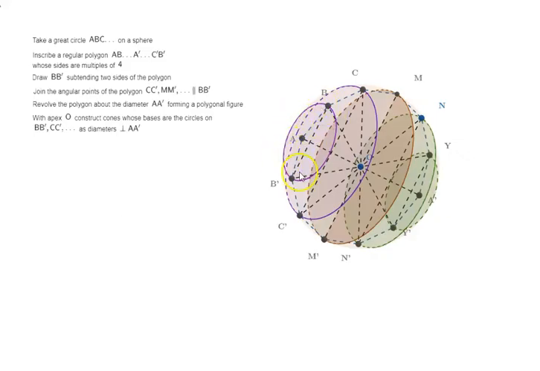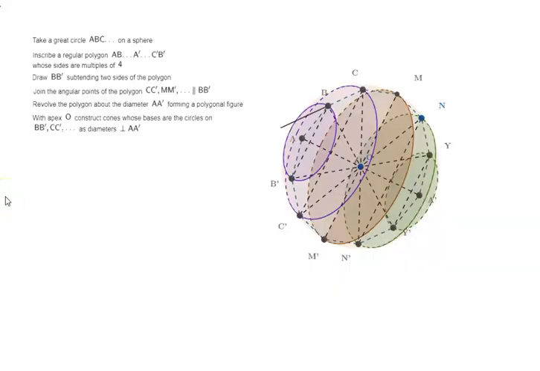Here we can form a cone with the circle BB prime as the base and A as the apex. So very slight difference, but there is a cone here. Now we draw a cone with CC prime circle as the base, and to get the apex of this cone, we extend CB and C prime B prime and take the intersection as the apex.